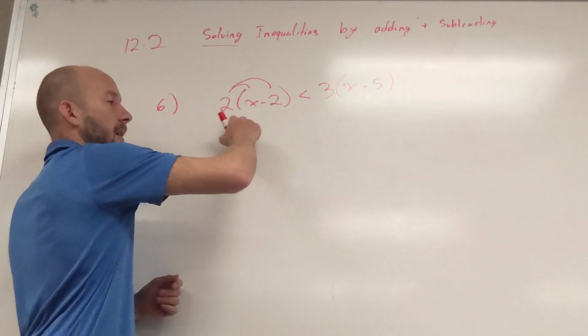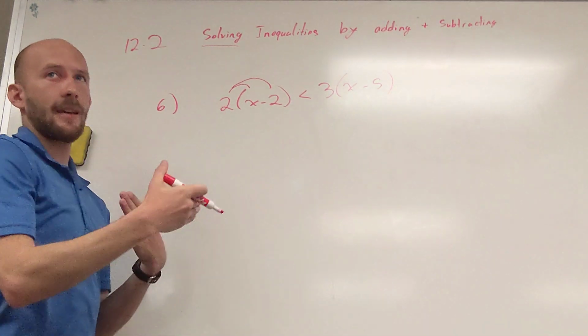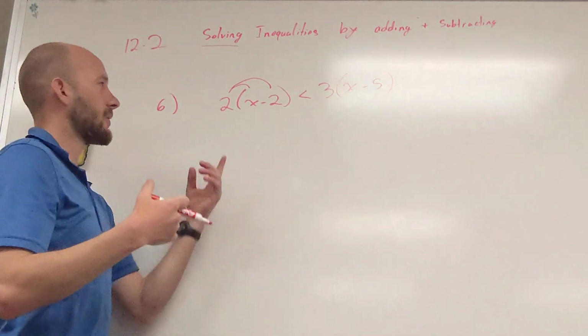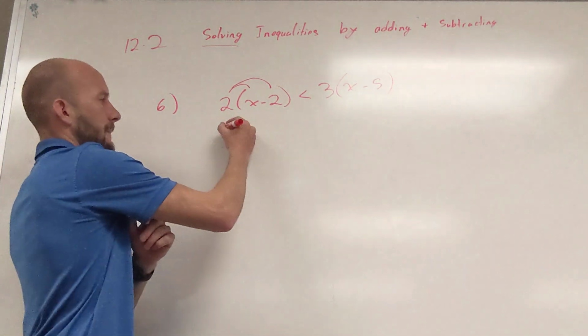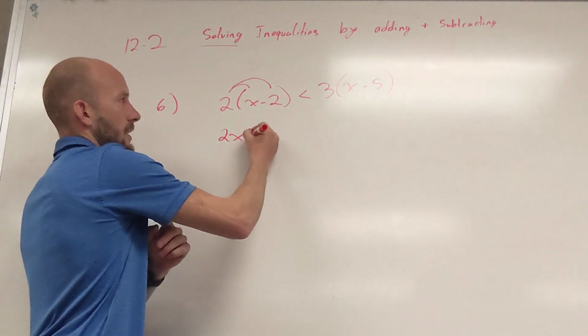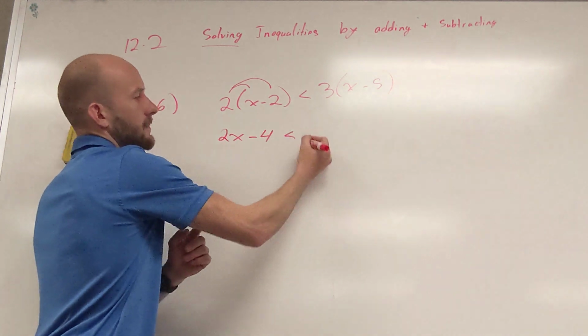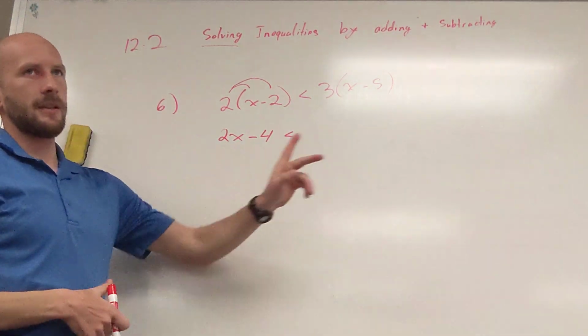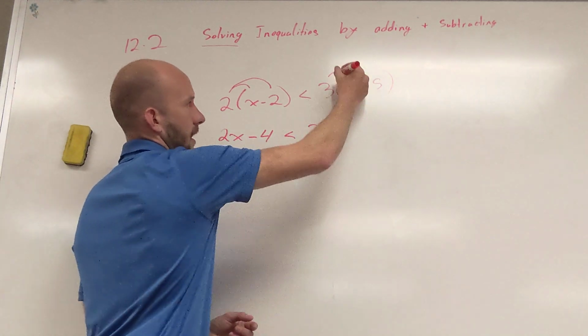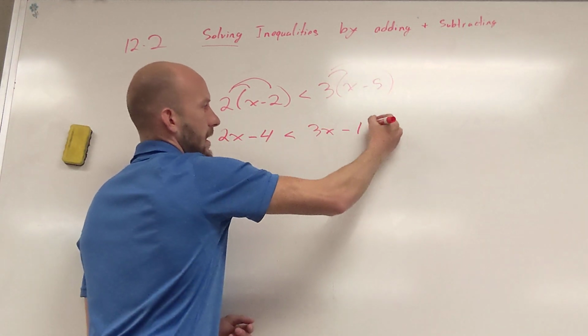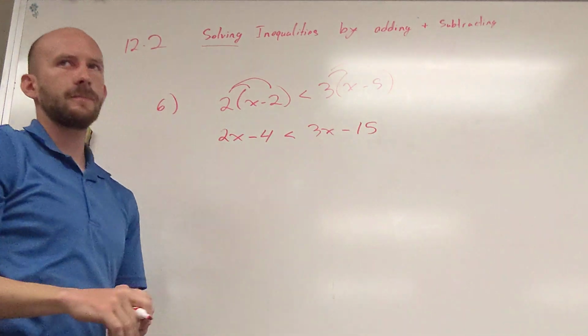And don't forget to take it times the second thing. I see that a ton where somebody will take 2 times x and then forget to multiply it by anything else. So I've got 2x minus 4 is less than, and then I have to do the same thing over here. 3x minus 15.